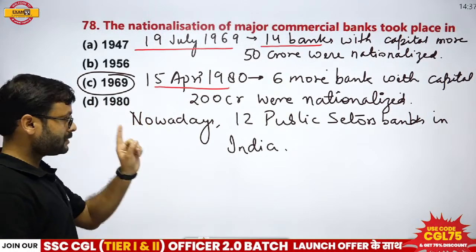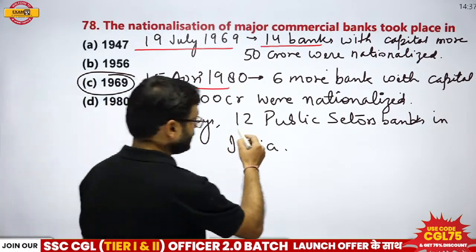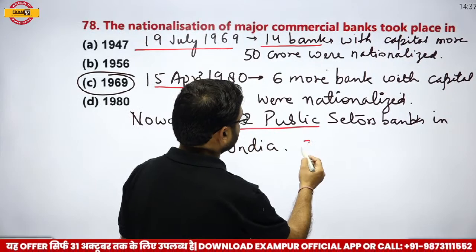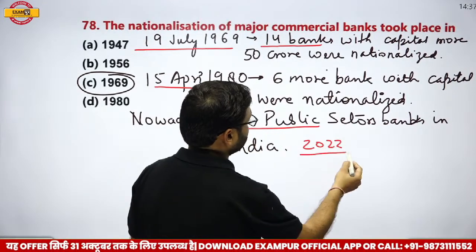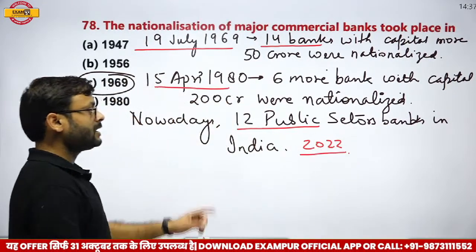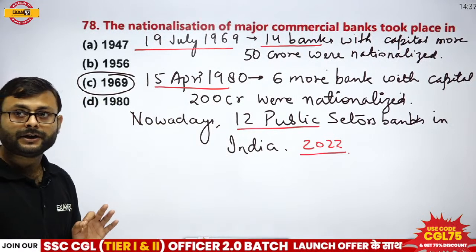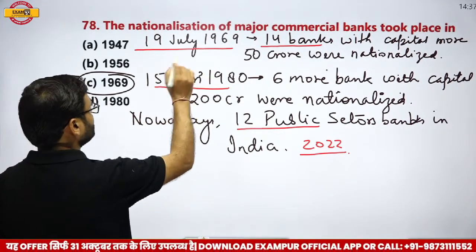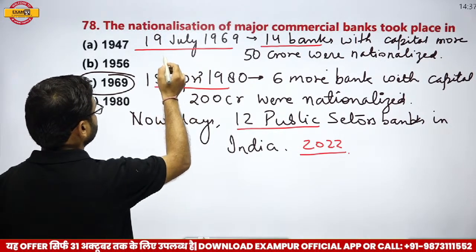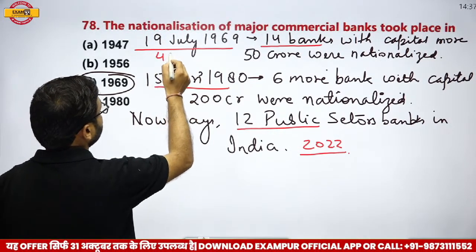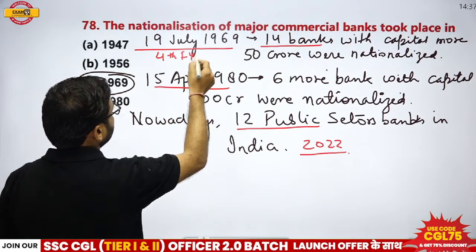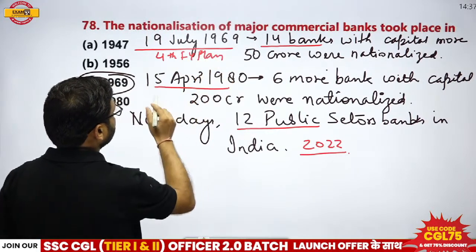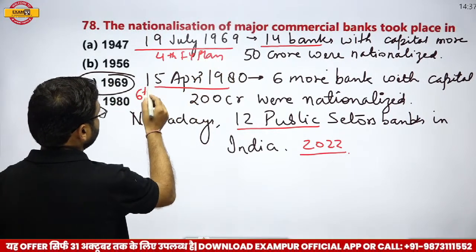Nowadays there are 12 public sector banks remaining in India in 2020-22. The first nationalization was done in the fourth 5-year plan, and the second in the sixth 5-year plan.